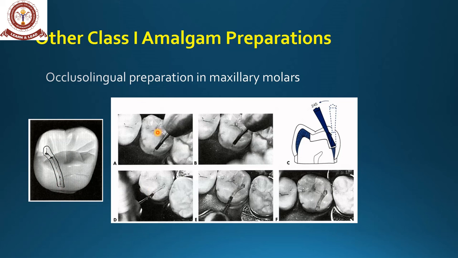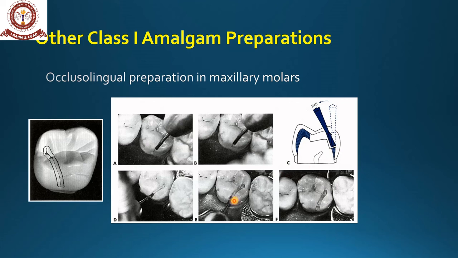So first, after preparing the class 1 occlusal cavity initial tooth preparation, you have to place the burr perpendicular to the palatal tooth surface and create the cavity. Once the palatal fissure axial depth is created, you have to slightly tilt the burr so that the axial wall is created properly, at a depth of 0.2 to 0.5 mm.